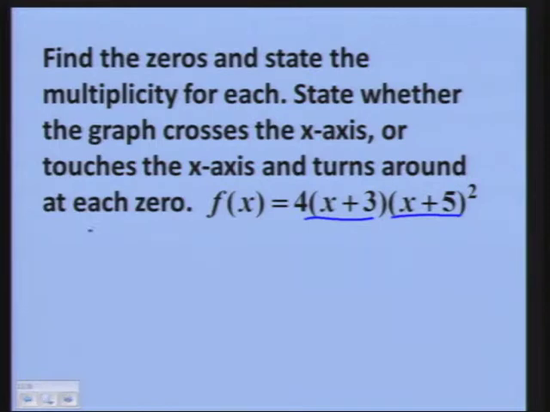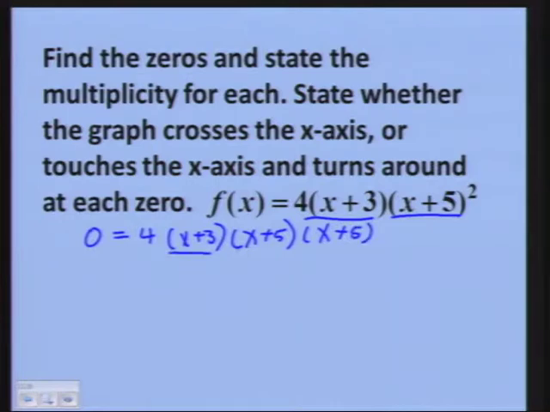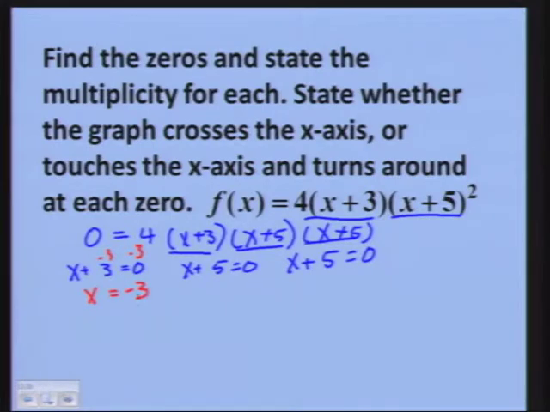So if I write down 0 for my y equals 4 times x plus 3 times x plus 5 used twice, and then let each factor with an x equal 0, I get x plus 3 equals 0, x plus 5 equals 0, x plus 5 equals 0. Subtracting 3 from both sides, I get x equals negative 3. Subtracting 5 from both sides here, I get x equals negative 5. Subtracting 5 here, I get x equals negative 5.